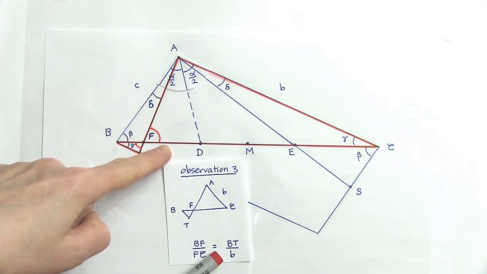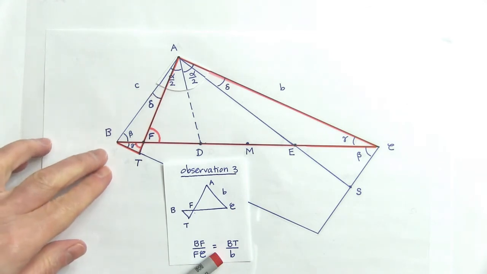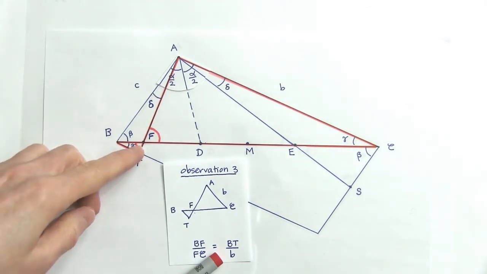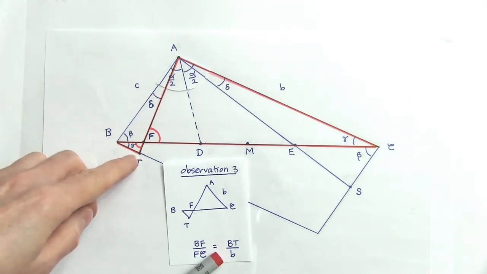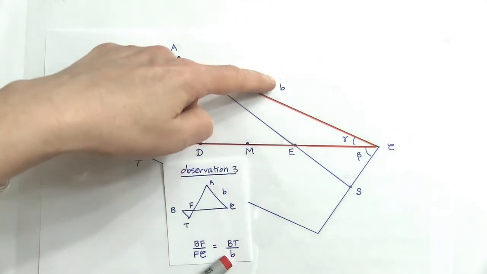And this ratio must equal the side opposite this angle here in the small triangle, which is BT, over the side opposite that same angle here in the large triangle, which is this side, which is B.